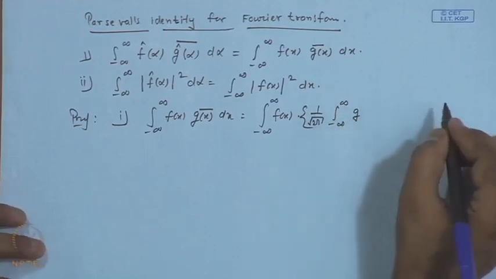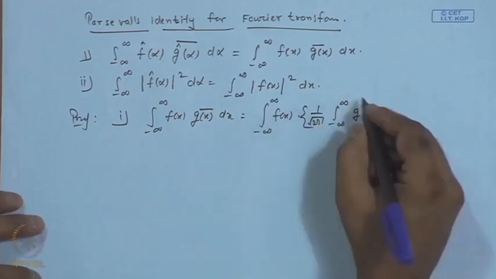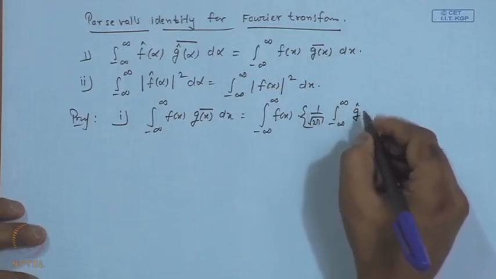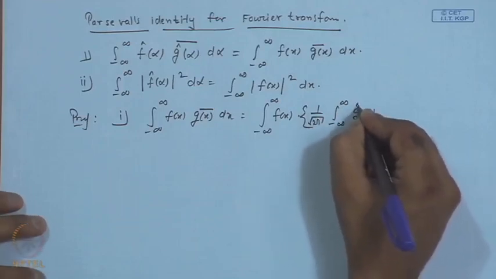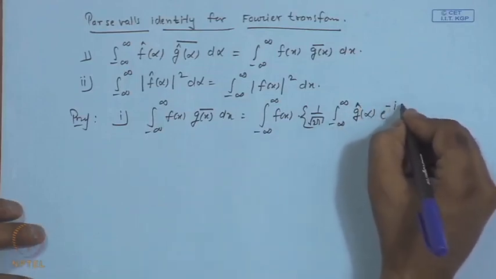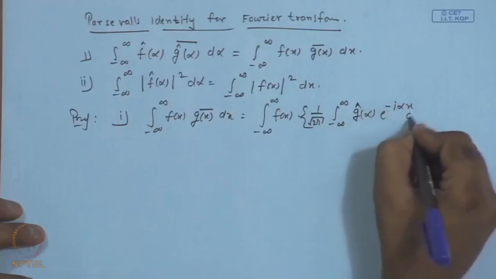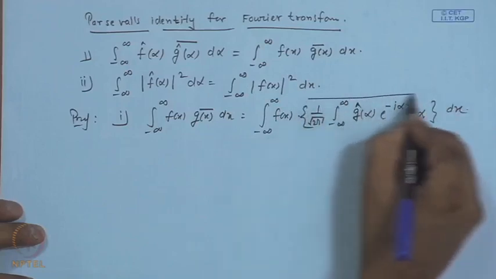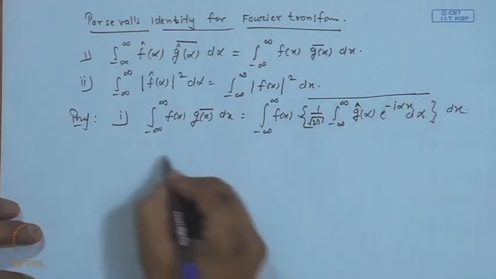So the inverse transform of this g, we are writing the transform was g hat alpha and e^{-iαx} dα and dx, and this complex conjugate of this term.